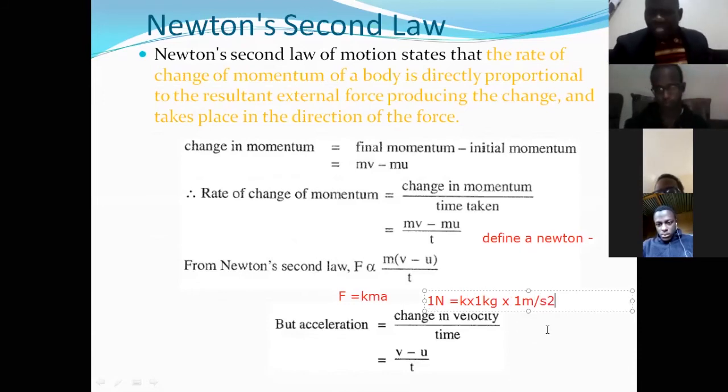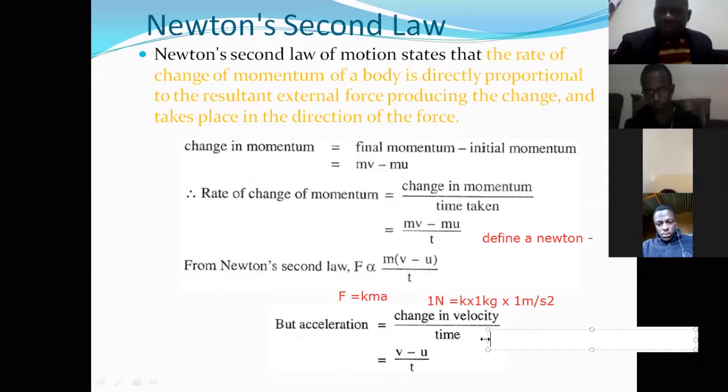So that's how we define a Newton. In this case, 1 is equals to K times 1 times 1. Therefore, we conclude that K is equals to 1.